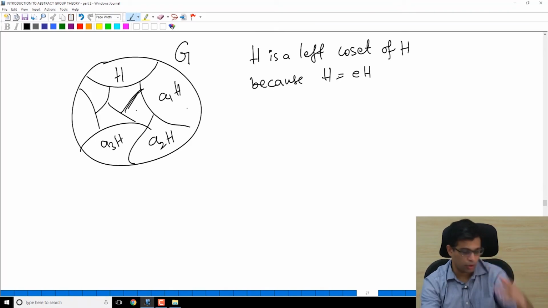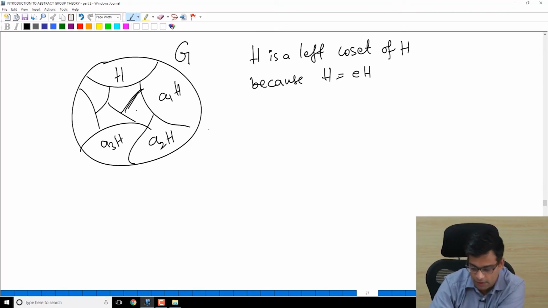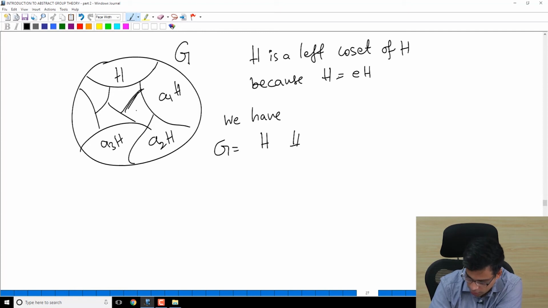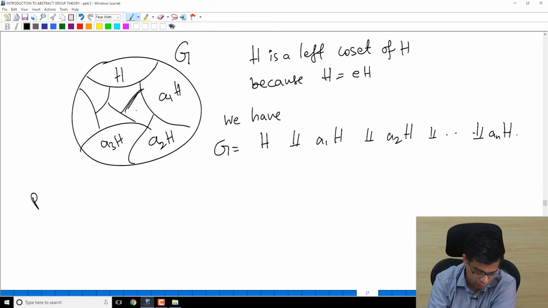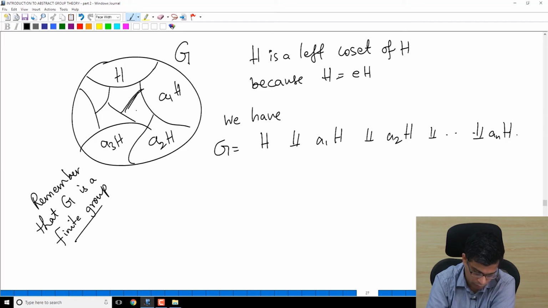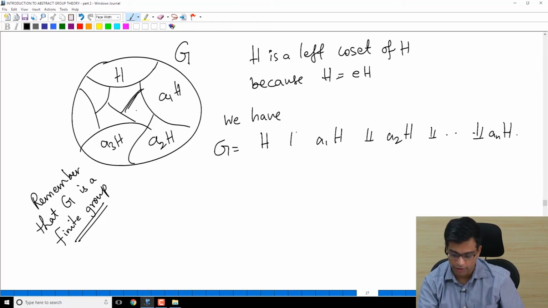So now let's think about what could be the number of elements of G. So we have G is a disjoint union of H, union a1H, union a2H, up to anH. Right, because G is a finite group, it has finitely many cosets, because there are only finitely many elements.